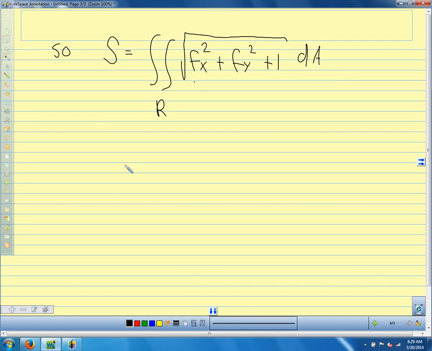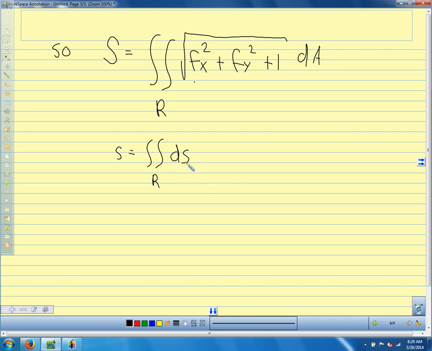You'll often see this written as our surface area equals a double integral over R of dS. And this quantity, the square root of f sub x squared, f sub y squared plus 1, dA, we call the surface area element, or surface area increment, just like we talked about the arc length element.